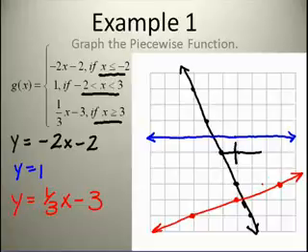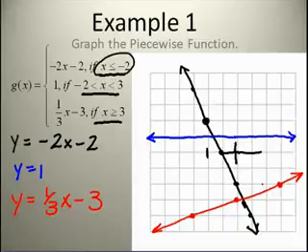Alright, now I want to erase parts of these lines based on my restrictions. So my first line that we did in black was y equals negative 2x minus 2. The restriction is x has to be less than or equal to negative 2. So my x value of negative 2 is right here. I'm only going to graph on the first line the x values that are less than or equal to negative 2.